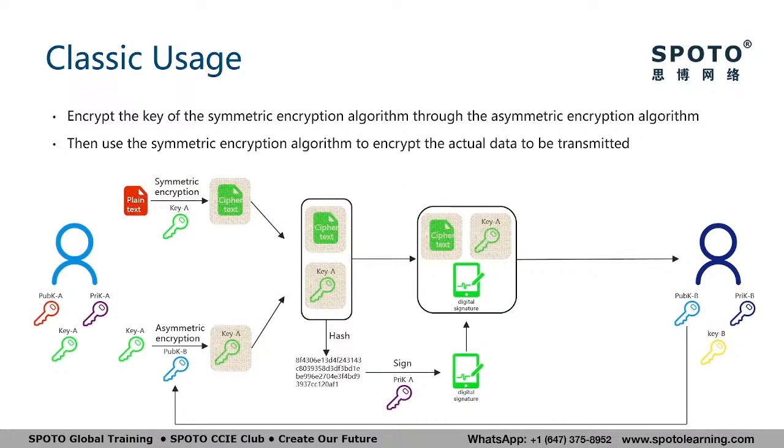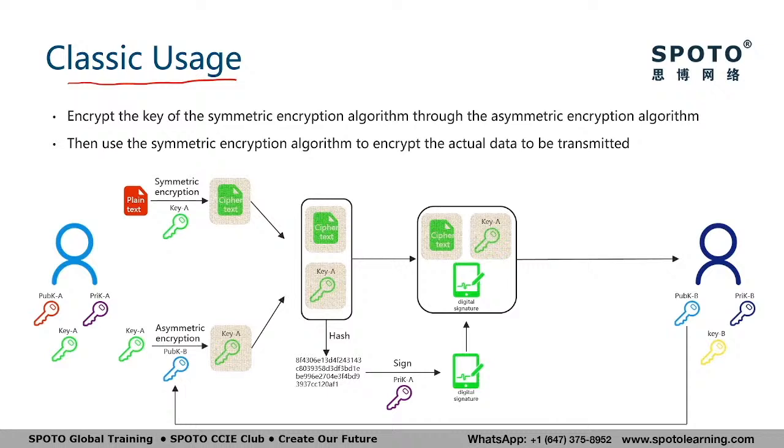So as we know, the symmetric and asymmetric algorithms both have advantages and disadvantages. Then in the real scenario, as the classic usage, usually we combine the advantages from these 2 algorithms. How do we do that?